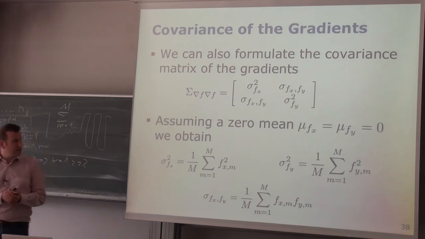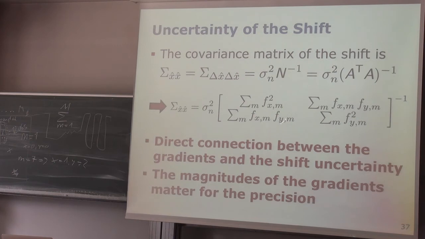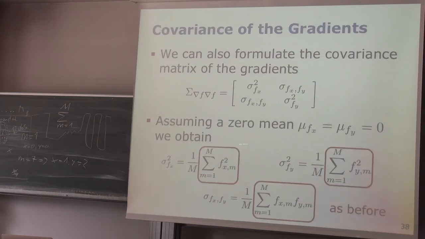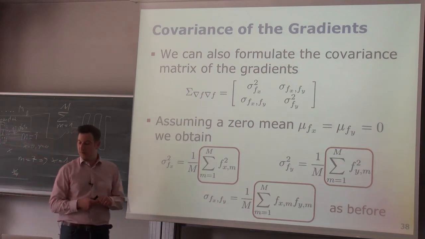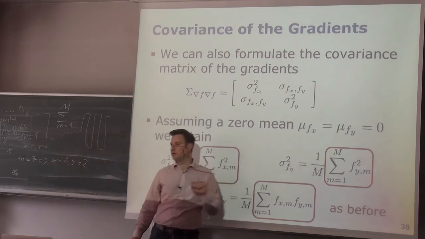And if we now look at these equations, we can see that those elements were exactly those elements I've seen before in the covariance matrix of the shift. So if I go back a slide, these were exactly those elements over here. So I actually find them here if I compute the covariance matrix of the gradients. The only difference is that I have this factor of 1 divided by m involved in here.